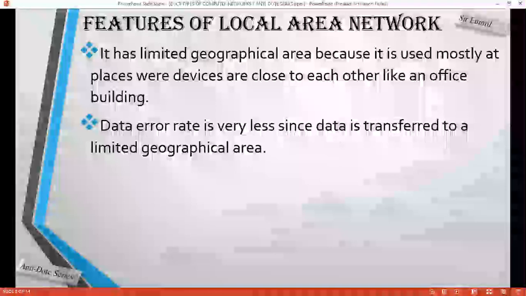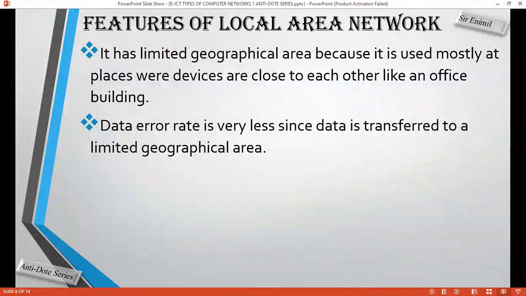You get signal interferences when you're traveling over a long distance. When the signal is moving from a place to a very long distance, some of these things will happen on the way. With a local area network, because the distance is not far and it's within range, some of these things are avoided. So the data error rate is very low since data is transferred within a limited geographical area.